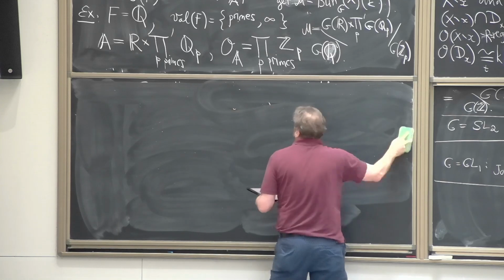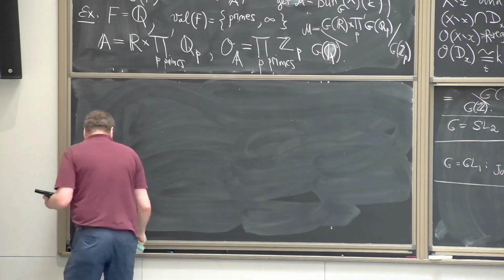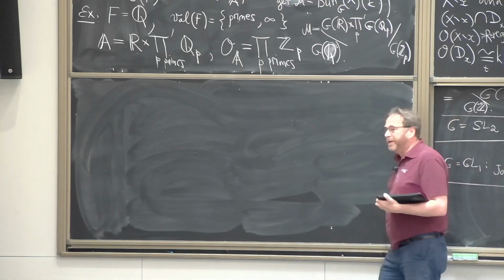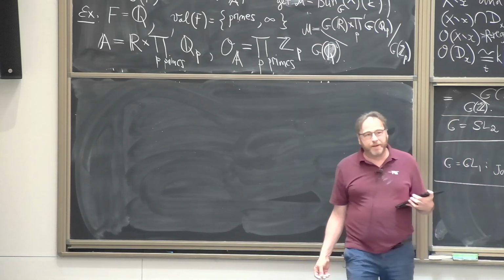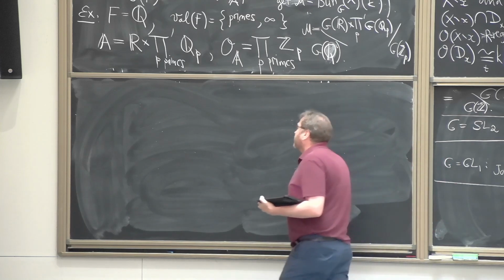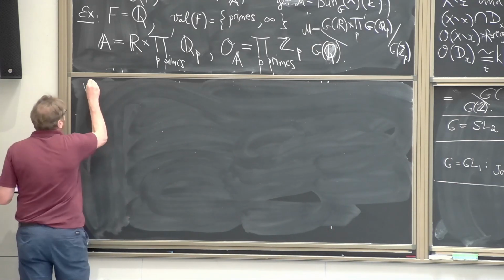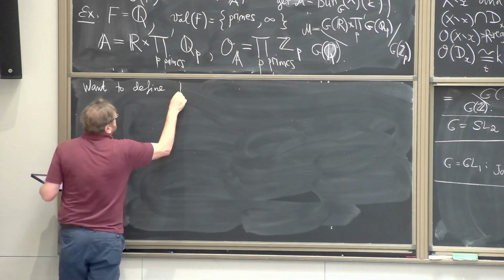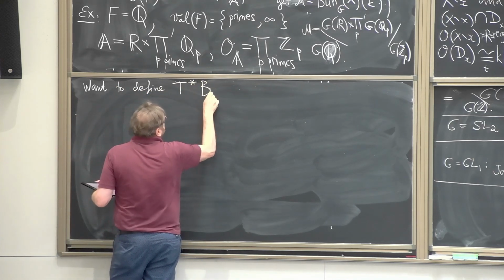Integrable systems live on symplectic manifolds. But we don't have a symplectic manifold yet. So we need to introduce one. And of course, the most common symplectic manifolds are cotangent bundles of ordinary manifolds. So we want to define the cotangent bundle of Bun_G(X).